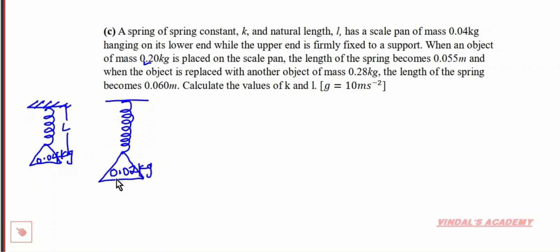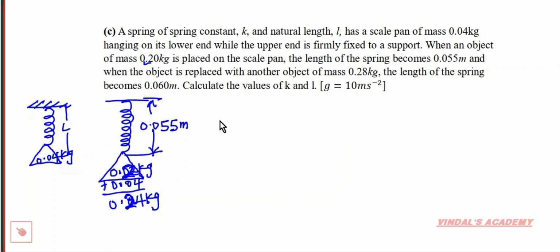The total weight here is going to be plus 0.04. So this is going to be 0.24 kg, the total mass of this scale pan. But what happened when that mass was hung? The length became 0.055.